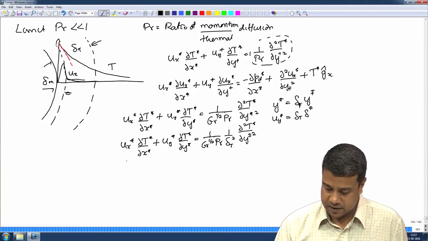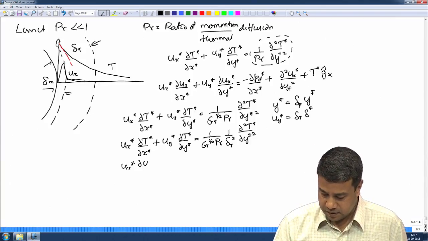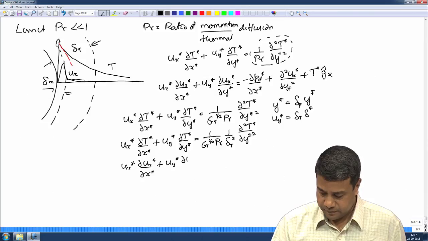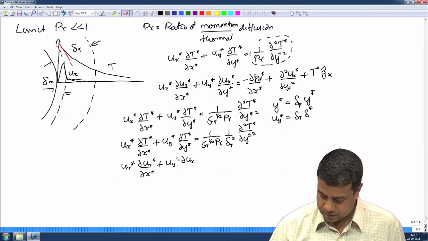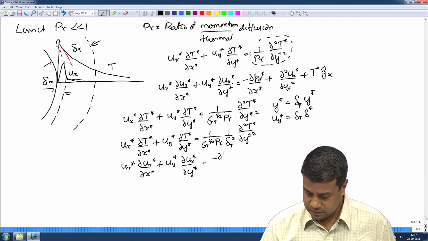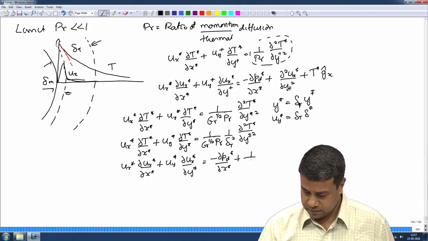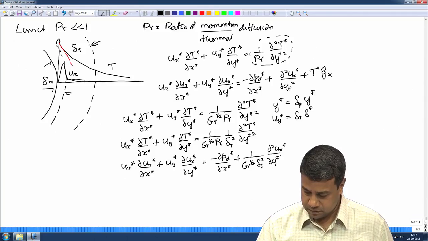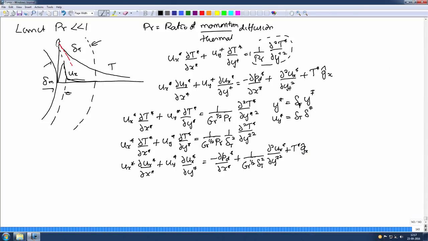In that case, for the momentum equation, I will get, so that is what I will get for the momentum equation.